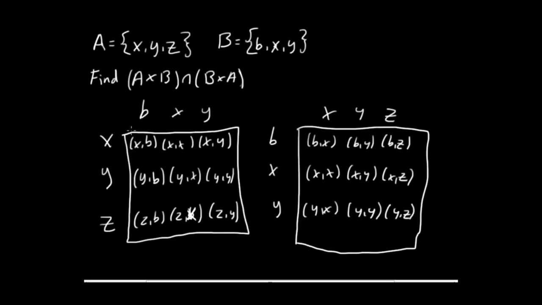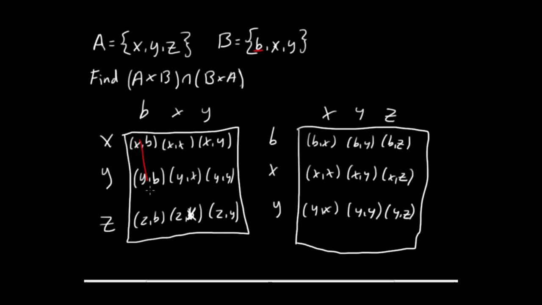So right off the bat, we can easily eliminate certain things. Y is not a shared element between set A and set B, so obviously we can't have the same ordered pair in the cross product of A times B and B times A if it involves a non-shared element.